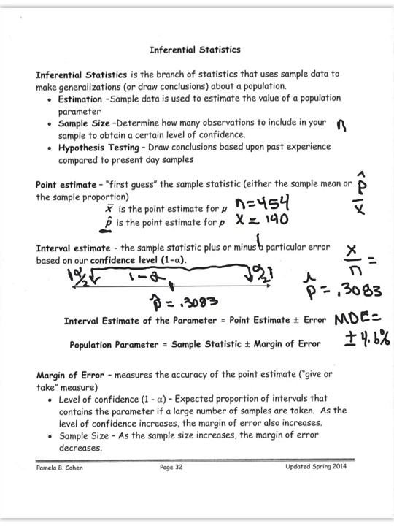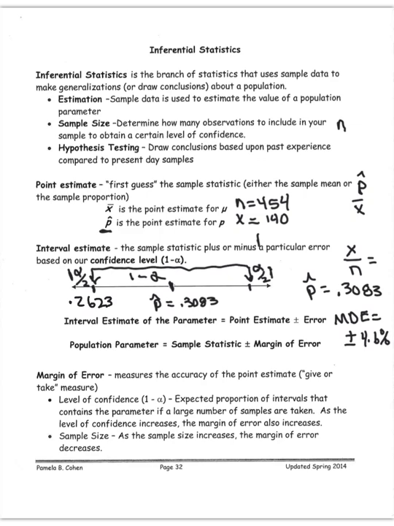So if I'm looking for the value that is the lower bound here, since the margin of error is 4.6%, I'm going to take 0.046 and subtract it from 0.3083, and that value is 0.2623.